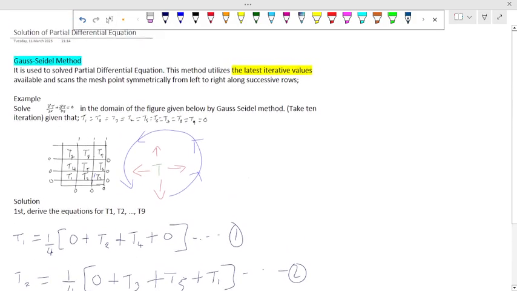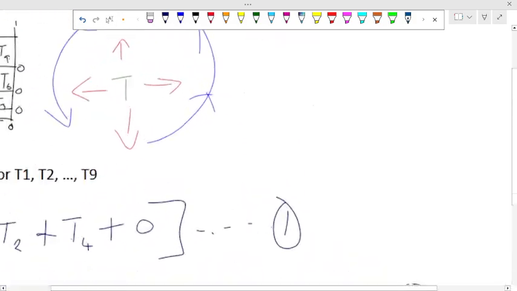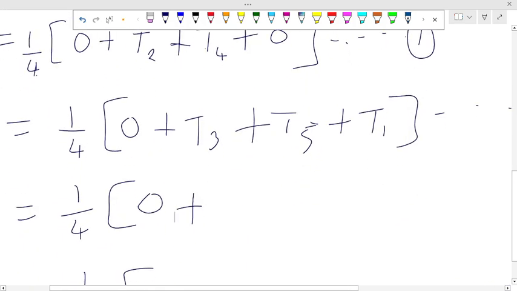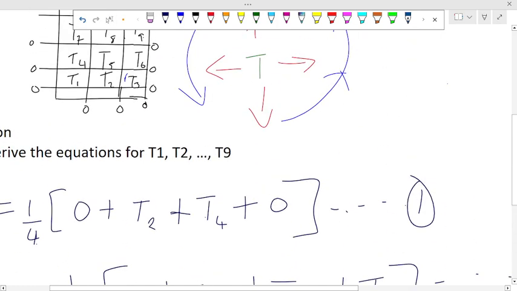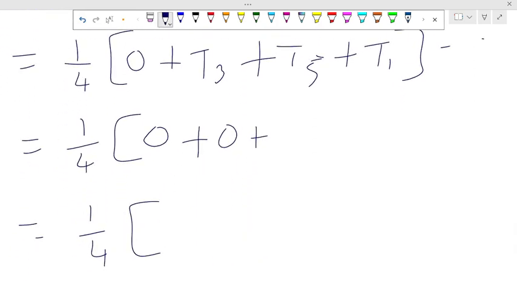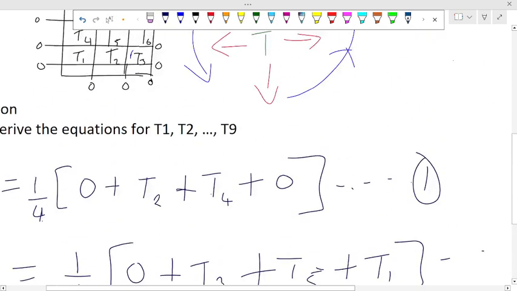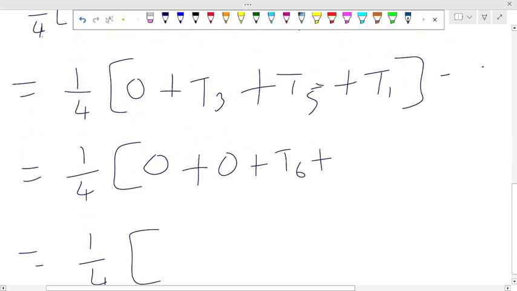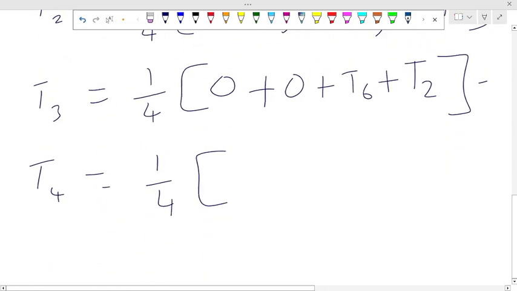What do we have there? 0. Up we have T6, and then finally left we have T2. Okay, equation 3.